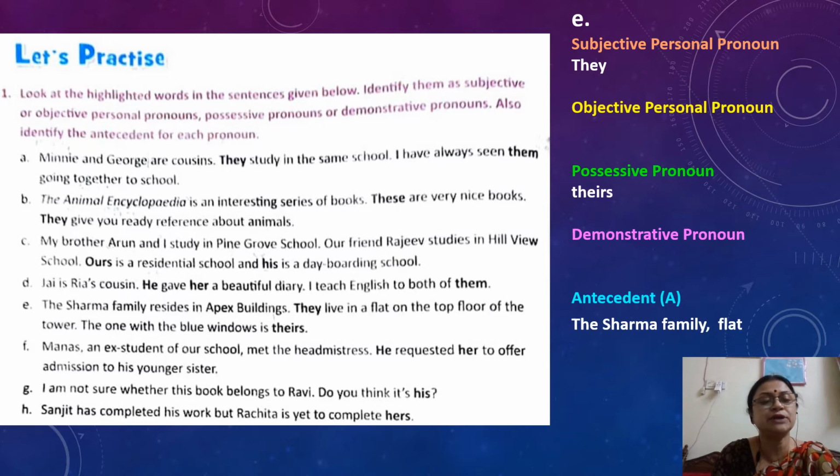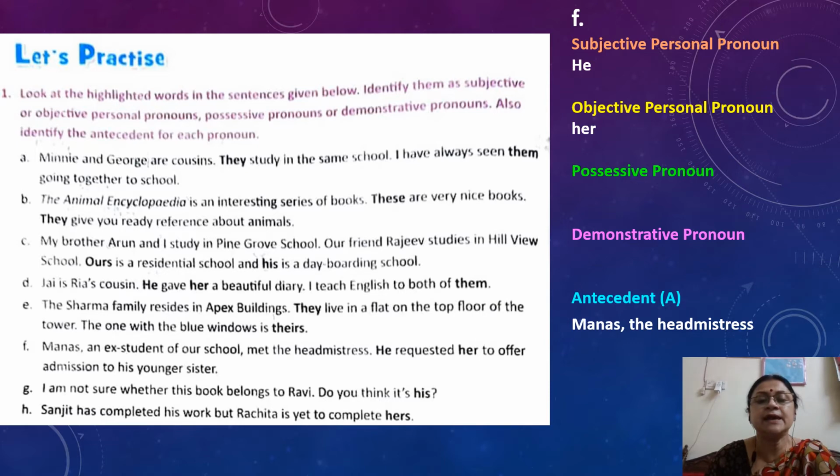Now moving to the next sentence, number F. Manas, an ex-student of our school, met the headmistress. He requested her to offer admission to his younger sister. Highlighted pronouns are he and her. Let's move to the answer.